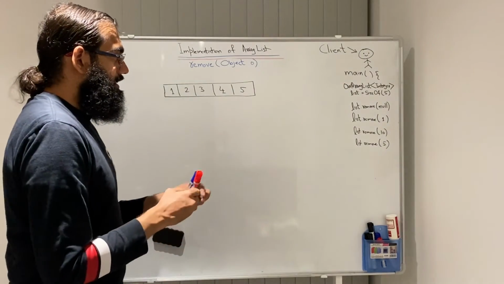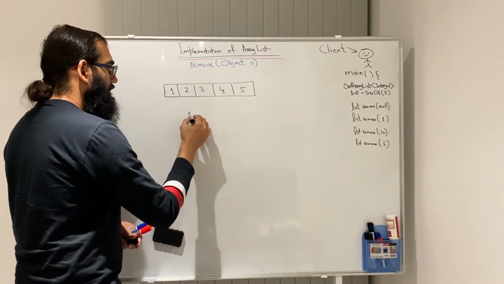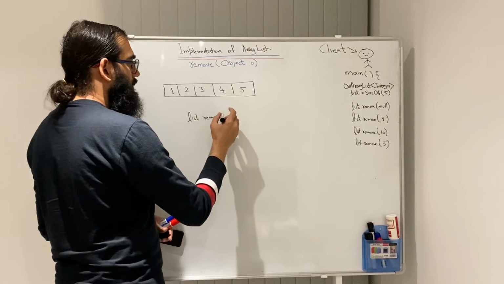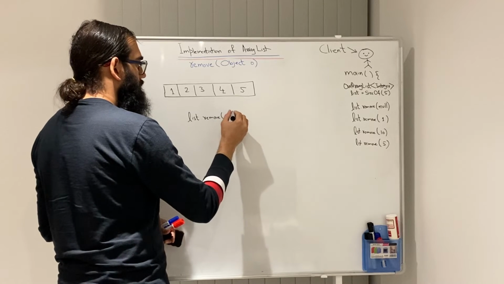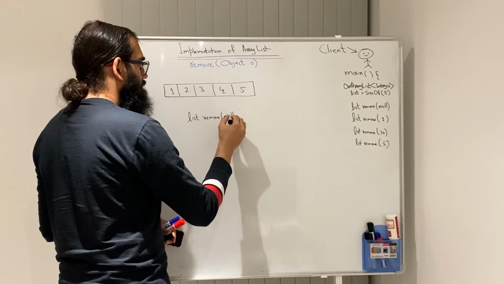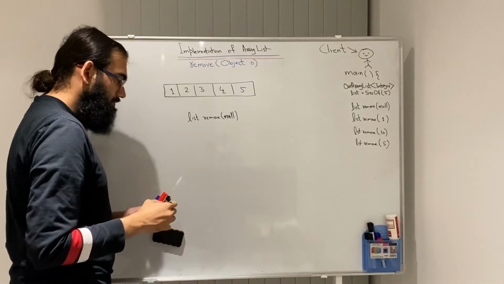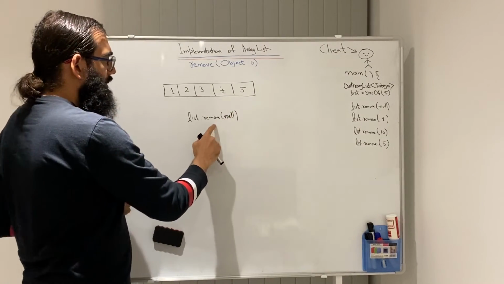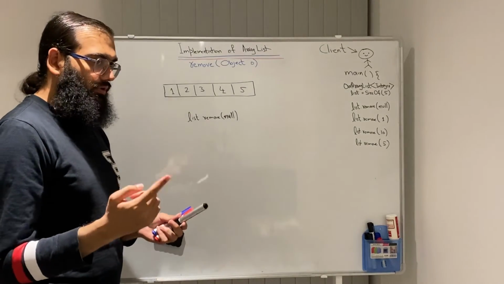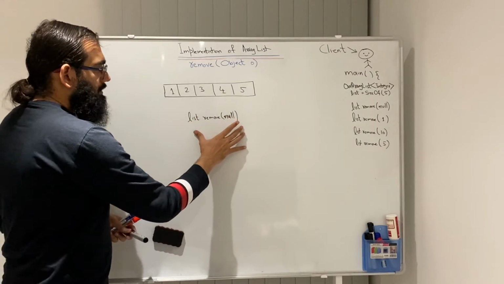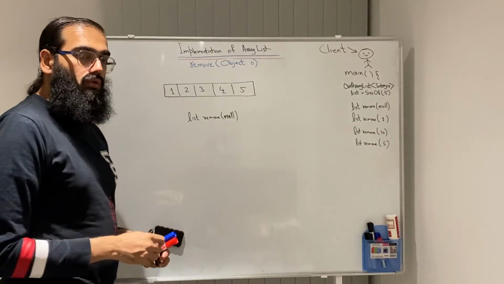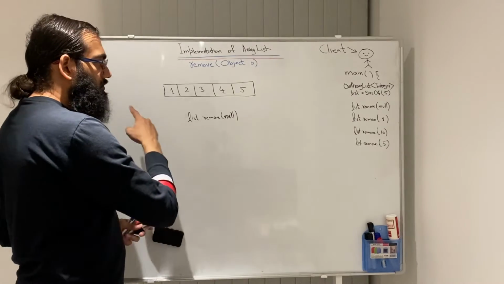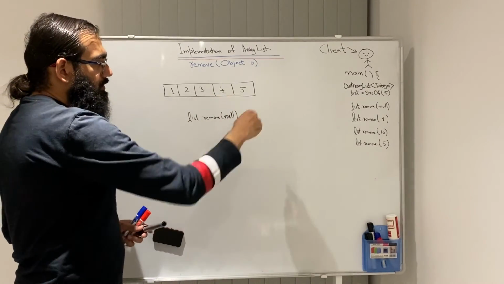Okay, so the first case is list.remove with null. As you remember, if I have this array, then this method is going to return false, and the performance of this will be O(n), because I have n values, size n, and I need to scan the whole loop.